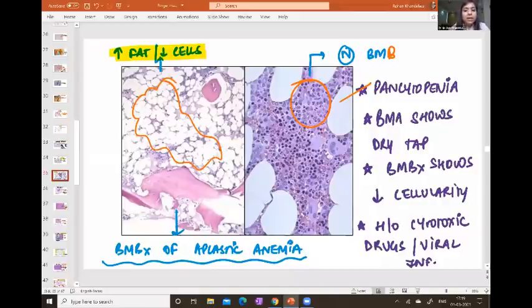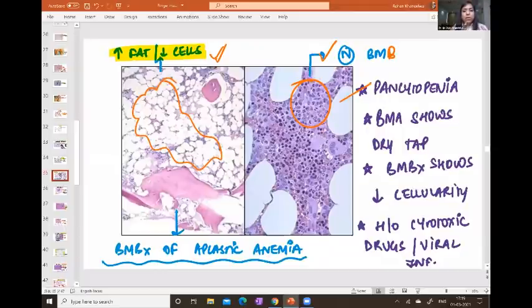On the right side, a normal bone marrow biopsy. On the left side, I can see a lot of fat, right? What are the other clues which can be there? In a clinicopathologic question in the exams, if the patient has aplastic anemia, look at the history. If there is a history of any cytotoxic drugs or certain viral infections like parvovirus B19, right? Think about this.